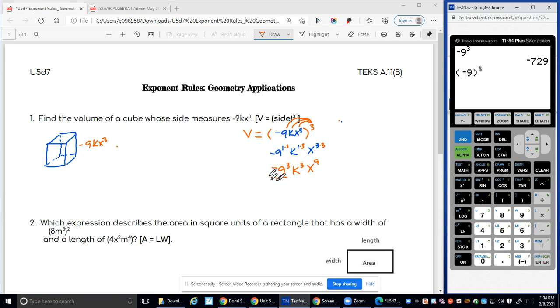Whenever you have a negative base, surround it with parentheses and then put it to the power of 3. It really didn't make a hill of beans this time, but had it been an even exponent like a 2 or a 4, it would have made a difference. So just to be on the safe side, put parentheses around there. We end up with negative 729 k to the third power and x to the 9th power as our final answer.